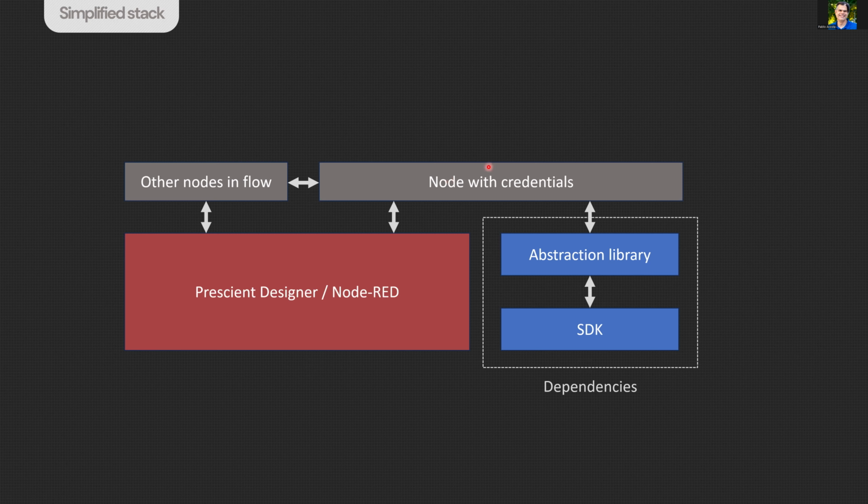And of course, this node interacts with other nodes on the flow, and itself has a dependency stack that at the bottom can have an SDK for a particular service and any number of abstraction layers and libraries in between to make it easier for the node writer to implement its functionality. And all these arrows represent interfaces between the different software layers.